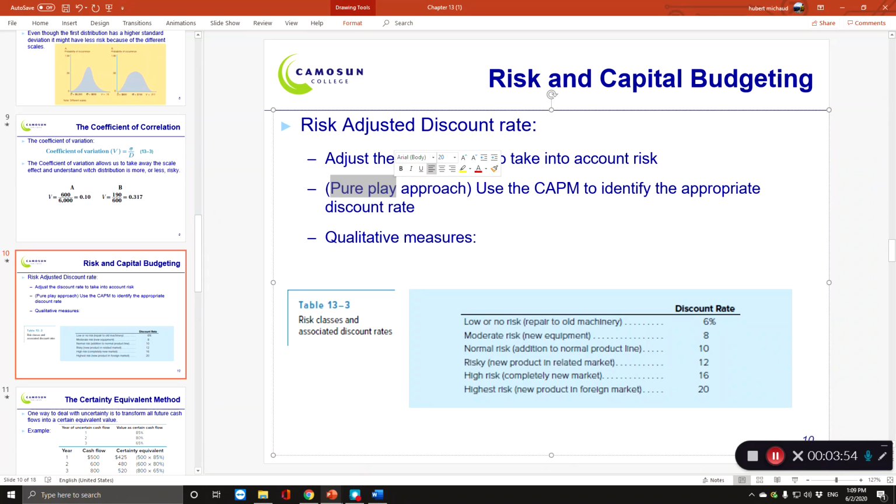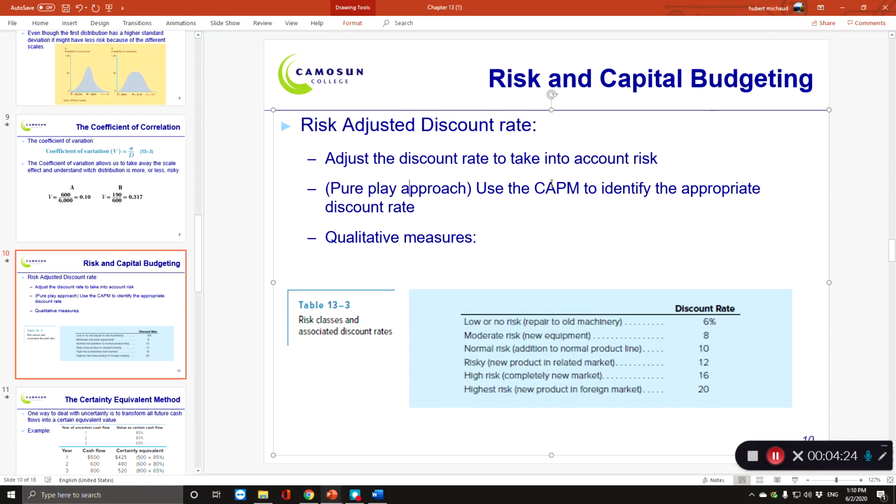They could try to find a company that is a pure play on that, a company that only does that and does nothing else. If we do that, the weighted average cost of capital of that company would represent the cost of capital, the interest rate, that we should use in our NPV and IRR calculation.